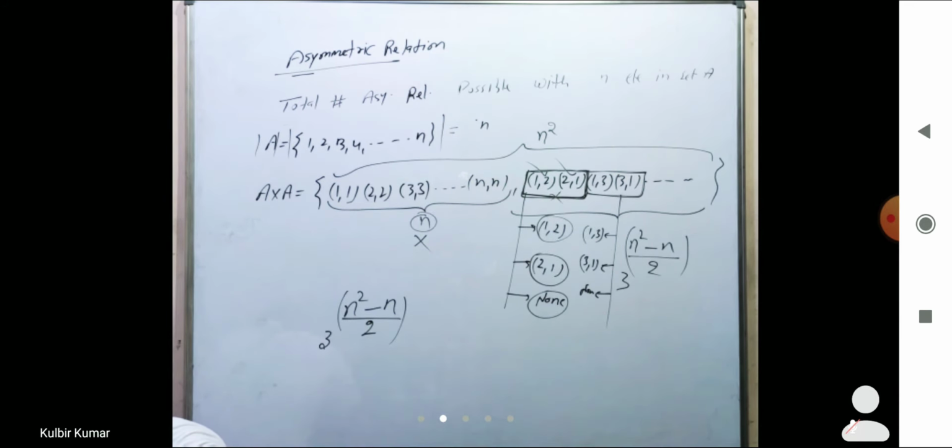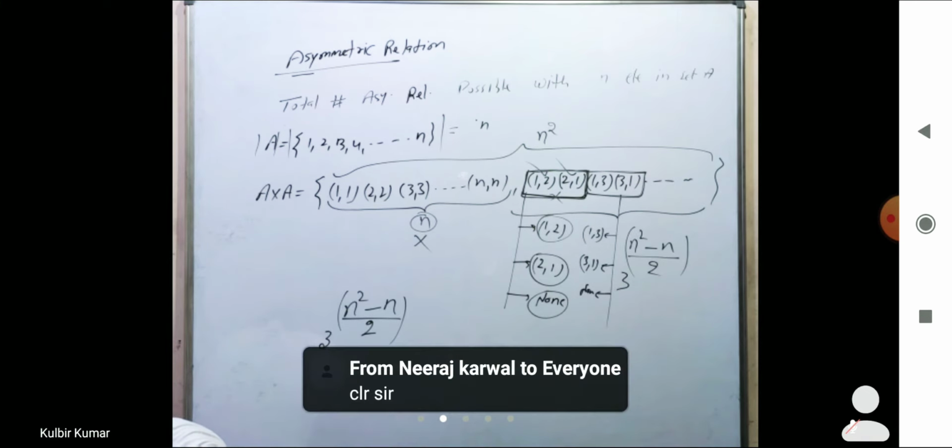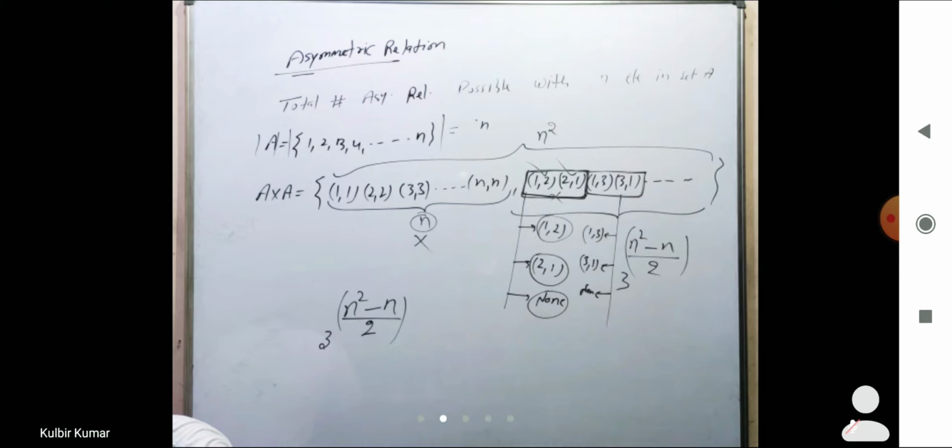Got it, Neeraj? Good. So we have seen the total number of asymmetric relations. Okay. Next point.